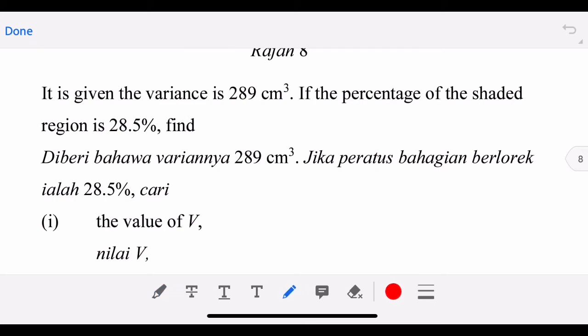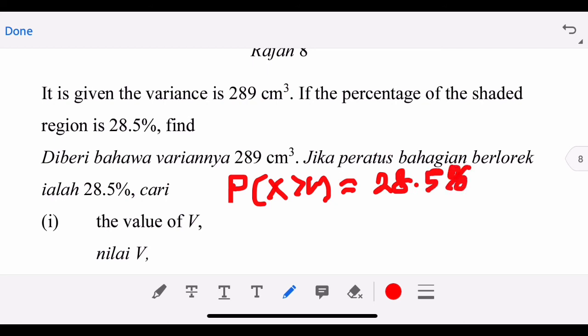Remember percent, so you have to divide by 100. Alright, so probability of the x more than the v, let's write down. So you must learn how to write down big P, then bracket x more than, because it's to the shaded to the right, right? More than the v is equal to 28.5%.